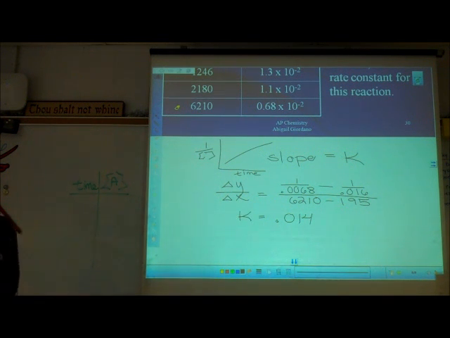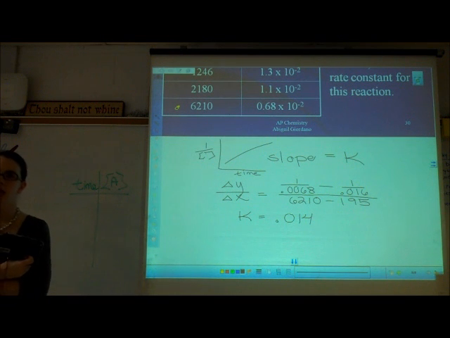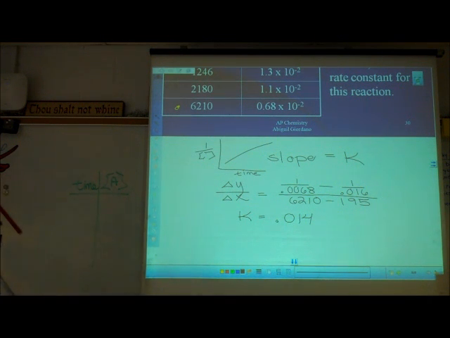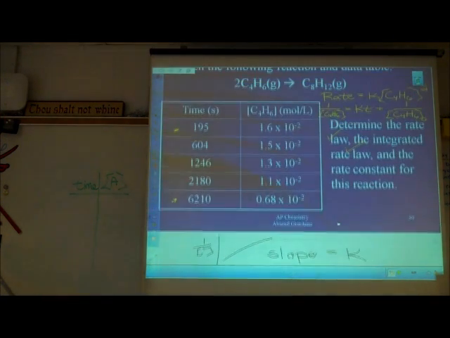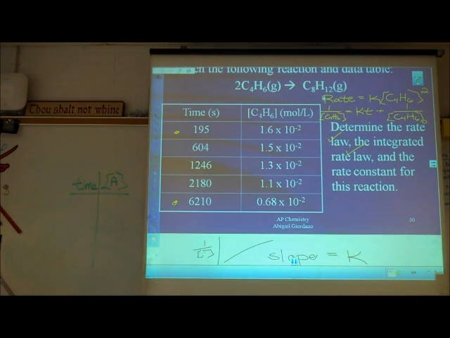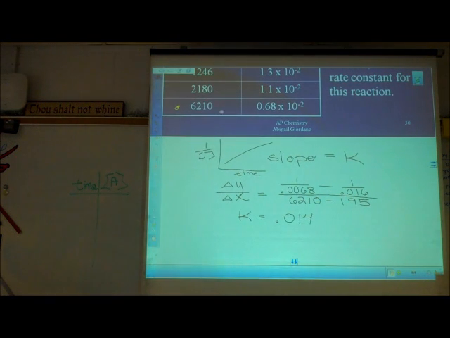What are the units for k? If you're unsure, I would recommend going back to your regular old rate law. Use a little algebra to figure it out. Remember, the units for rate are always the same. They told us it was in seconds, so molarity per second.